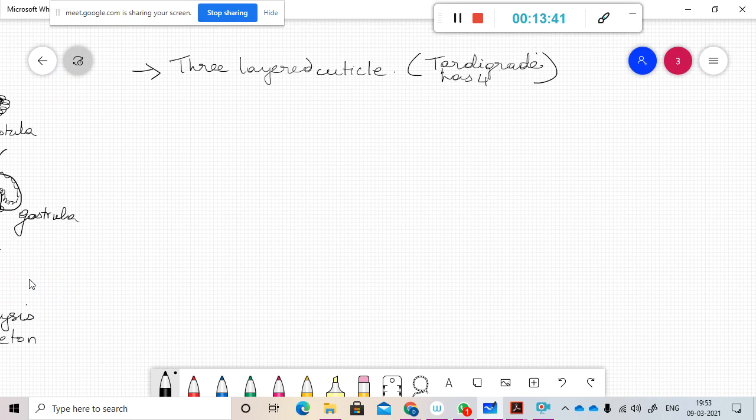Cuticle is the outer covering, and it is composed of organic material.